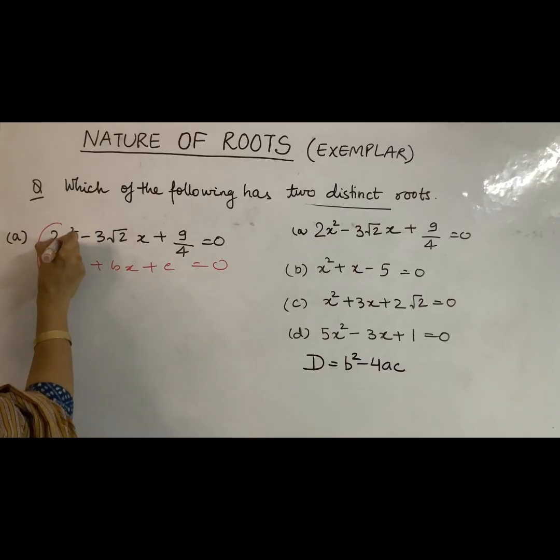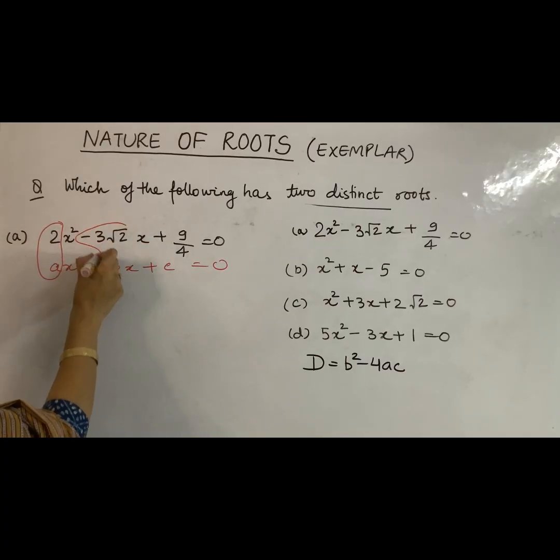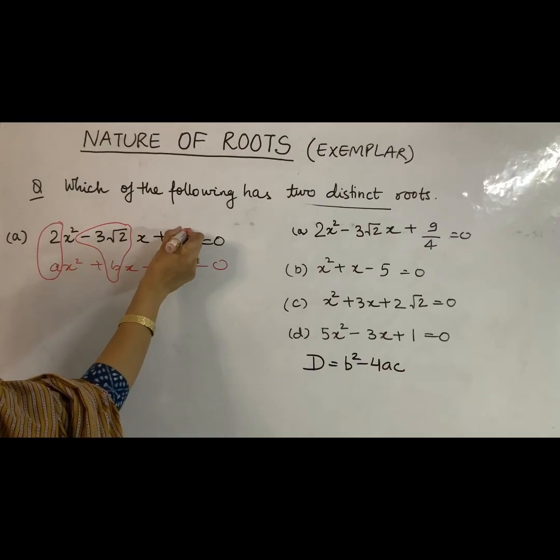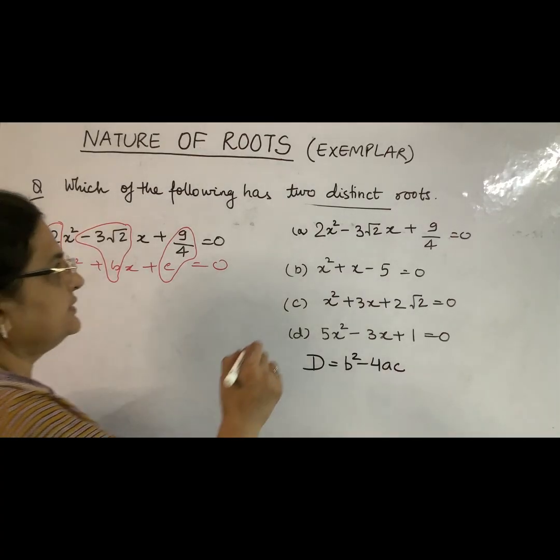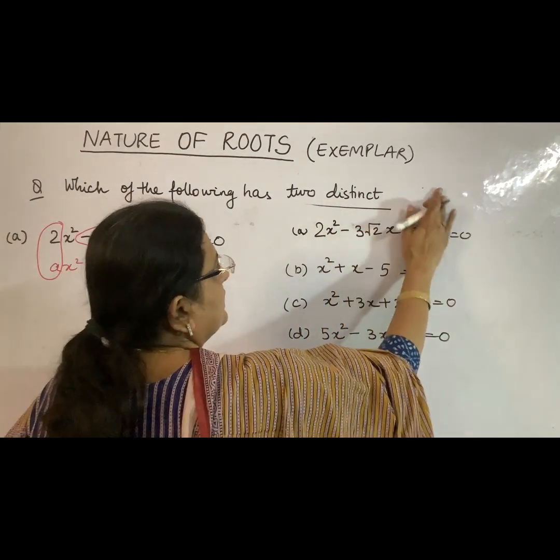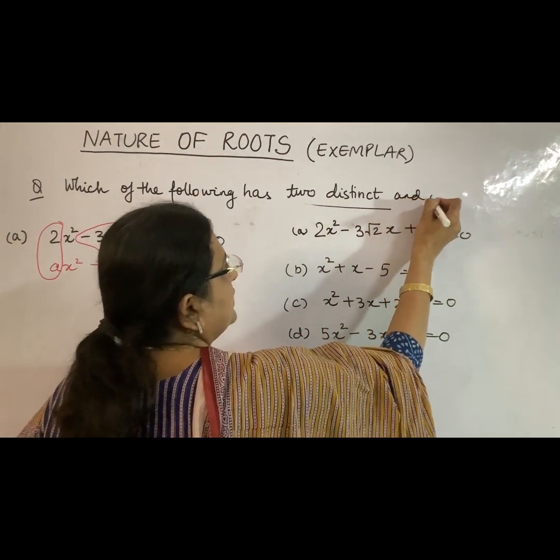So A is 2, B is minus 3 root 2 and C is 9 upon 4. And what are we trying to do? Find out the value of D, which is B square minus 4AC. So the question is two distinct and real roots.